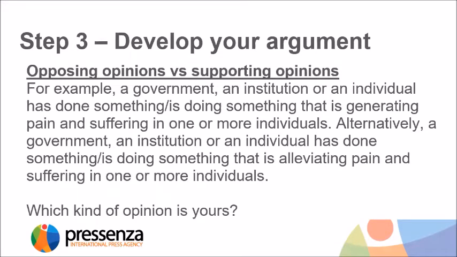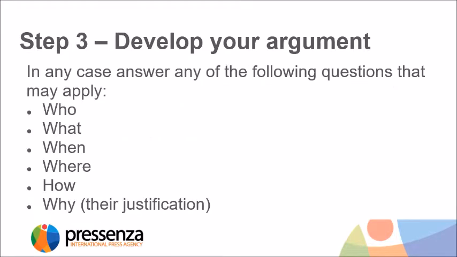So generally there are these two positions. Maybe a government, an institution, or an individual has done something or is doing something still which is generating pain and suffering in one or more individuals, or alternatively something has happened which is alleviating pain and suffering in one or more individuals, and we would like to expand that further. What kind of opinion is yours?